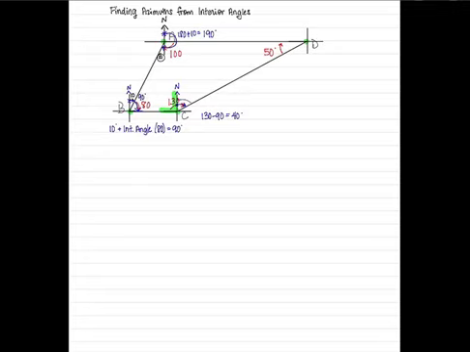That means the angle from here to here is 40 degrees, and it's our azimuth. And we know from geometry that if this is 40 degrees, then from this line to that line must be 50 degrees.